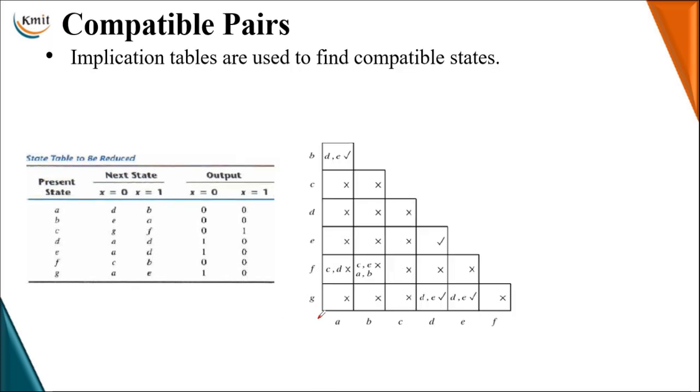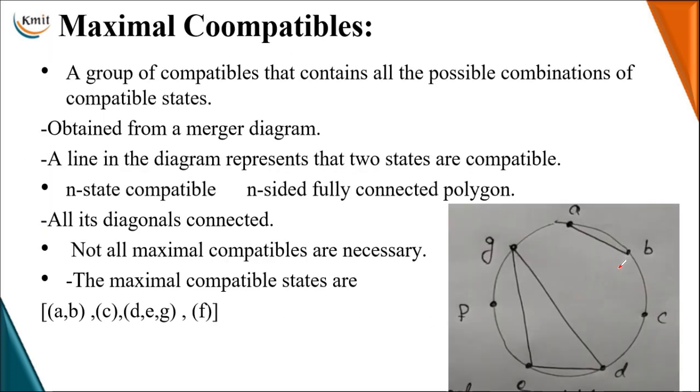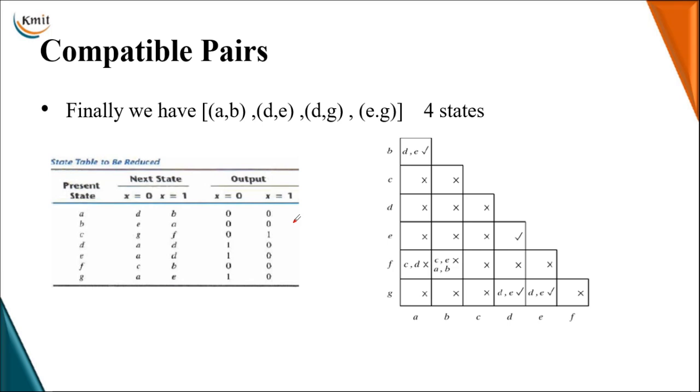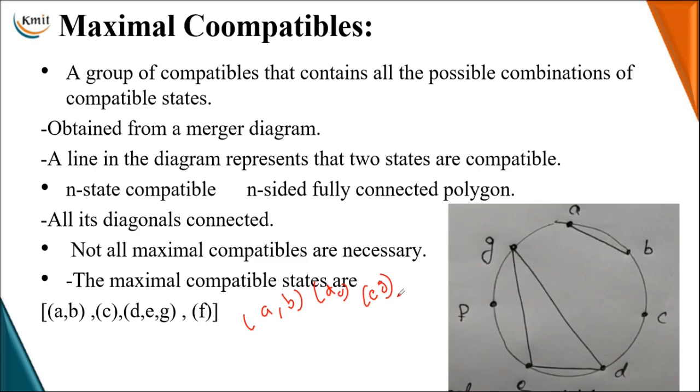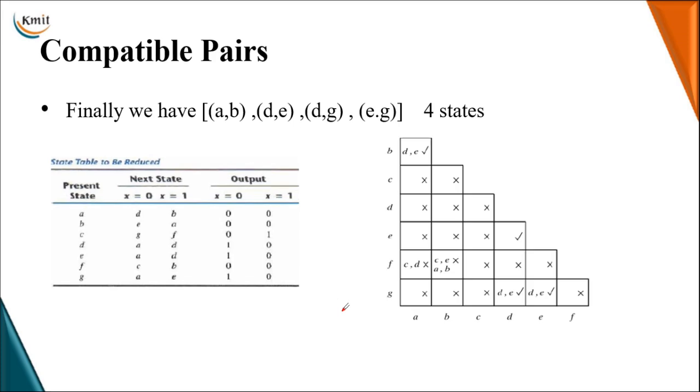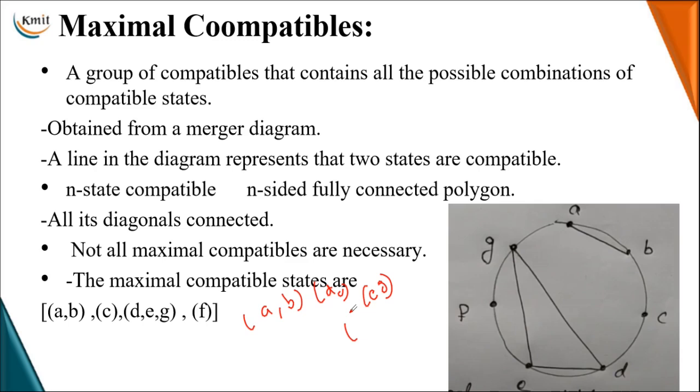Based on that, we will draw the lines. Here the compatible states are AB, DE, DG, and EG.